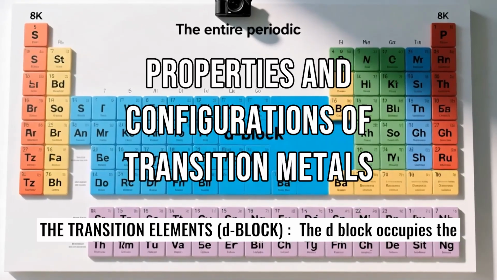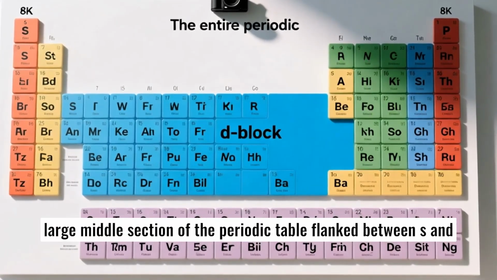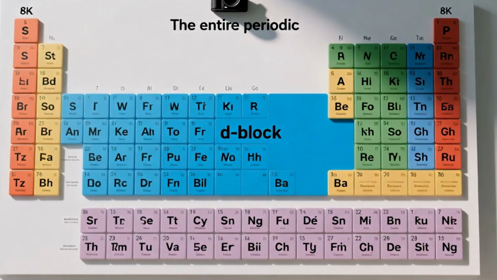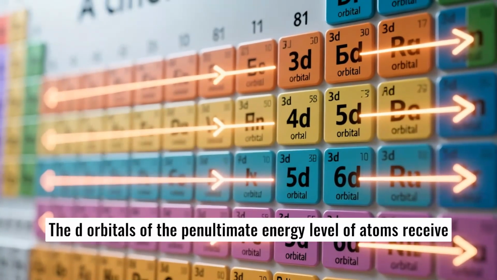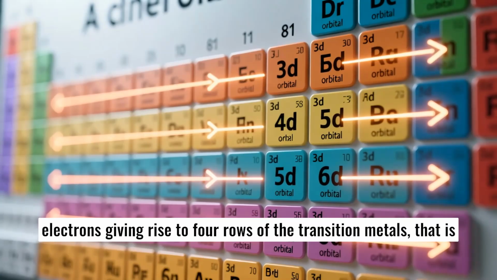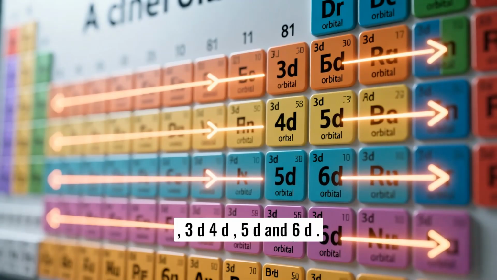The d block occupies the large middle section of the periodic table, flanked between s and p blocks. The d orbitals of the penultimate energy level of atoms receive electrons, giving rise to 4 rows of the transition metals. That is 3d, 4d, 5d, and 6d.